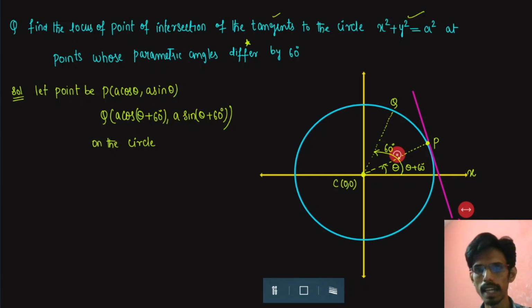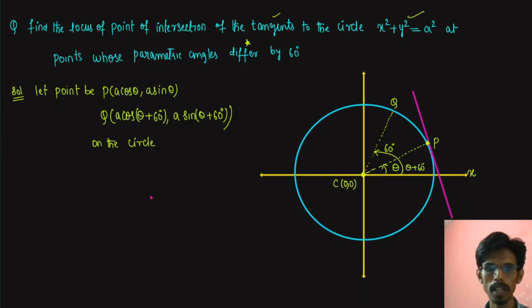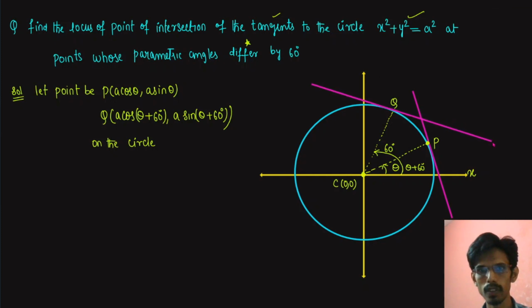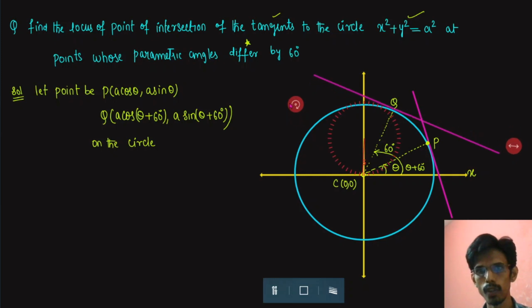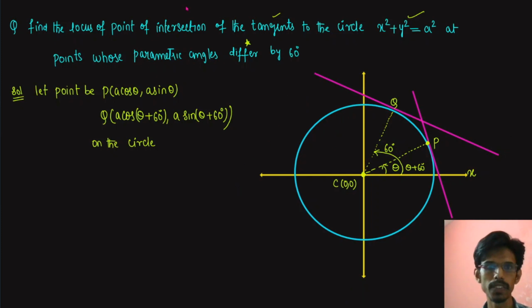So I am drawing the tangent at P. Similarly, let me draw another tangent at point Q. So this will be the other tangent at Q. We got two tangents, drawn at the two points P and Q.